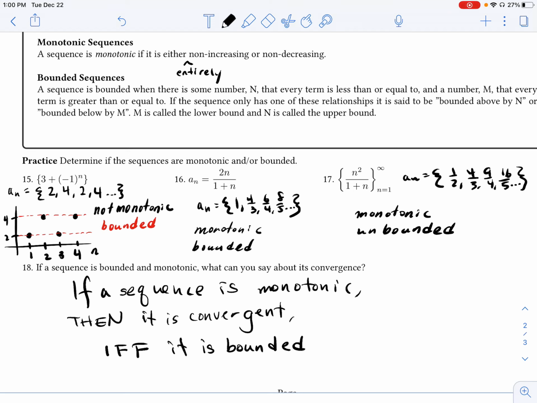So the only sequence here that we said was convergent was number 16. This was the only sequence that was actually convergent. We would say that this sequence is convergent because we notice that it is monotonic and it is bounded. So if a sequence is monotonic and it is bounded, then it is convergent. That's a conclusion we can draw in regards to monotonic and bounded sequences.